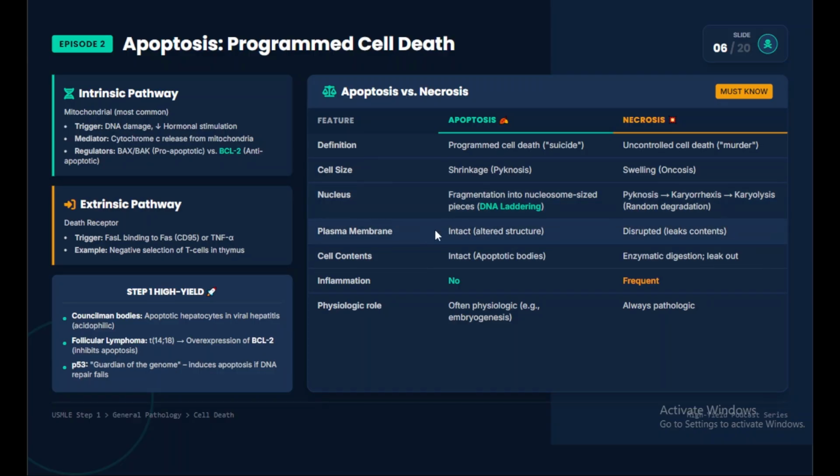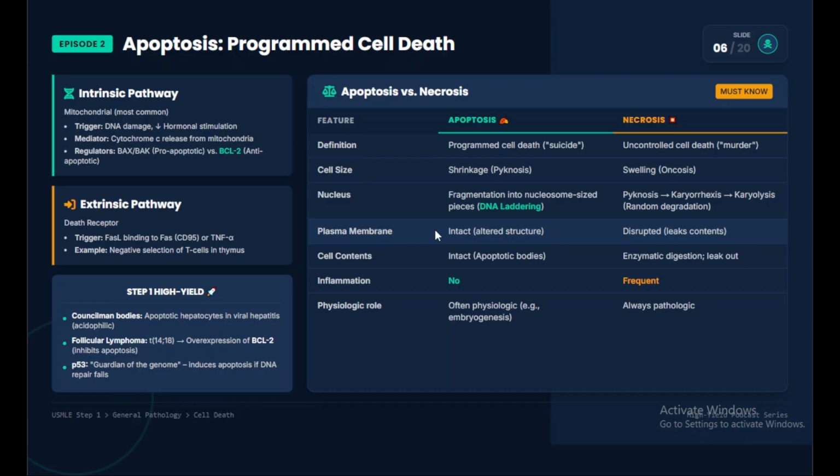Now, if I talk about the plasma membrane, in apoptosis the plasma membrane is intact. That's why there is no leakage of such stuff, and that's why there is no inflammation. But in necrosis, the plasma membrane is disrupted, and that's why there is inflammation.